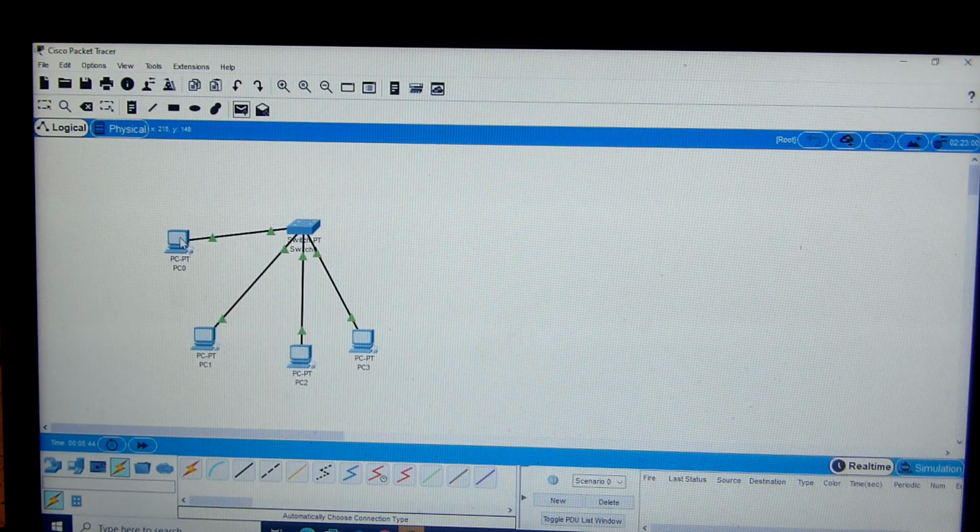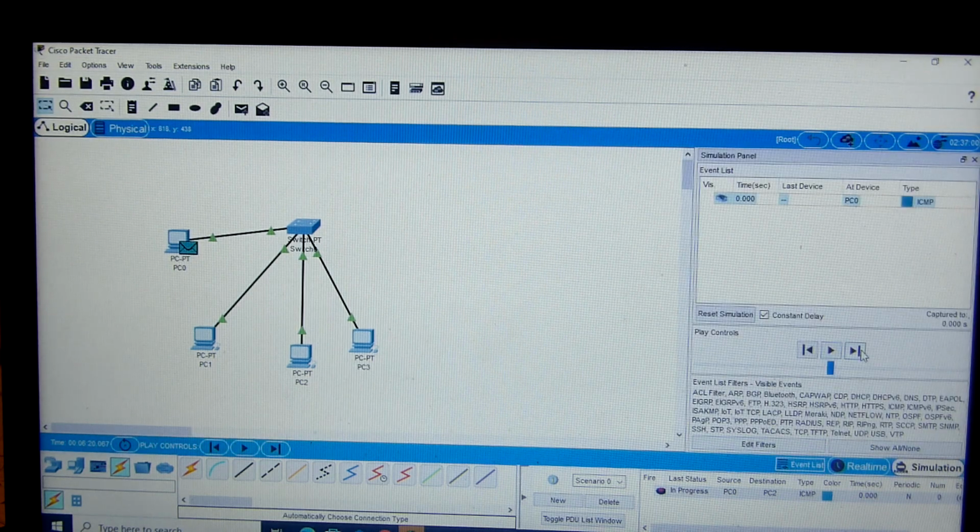From here to here, we haven't defined the IP address for this one. From here to here is successful.